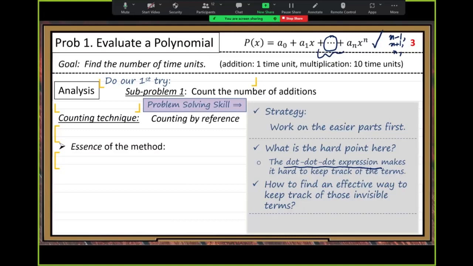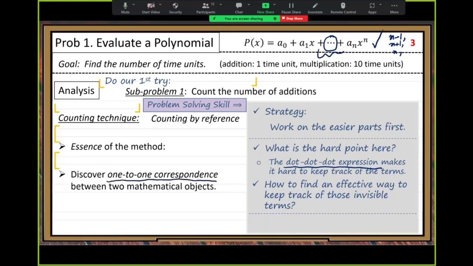The essence of this method, we want to discover some one-to-one correspondence between two mathematical objects. So the one-to-one correspondence, right? Between two different mathematical objects, so that we can get good references.